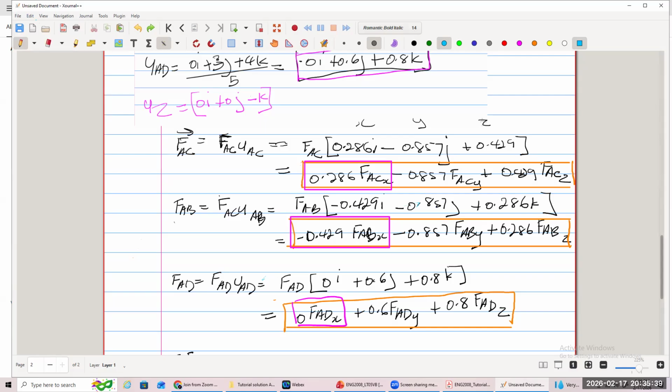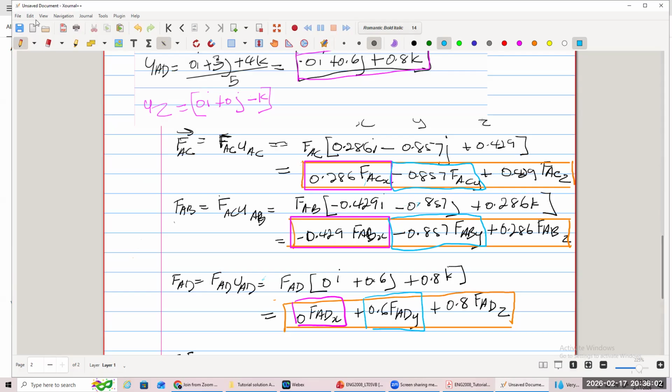All right, so it is here now. See here. For line AC, this would be your y. For line AB, this would be your y component. And for line AD, this would be your y component.